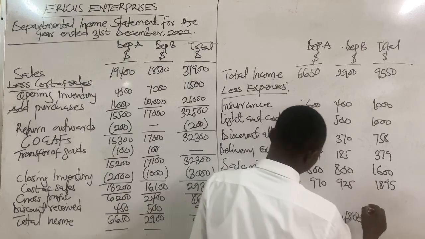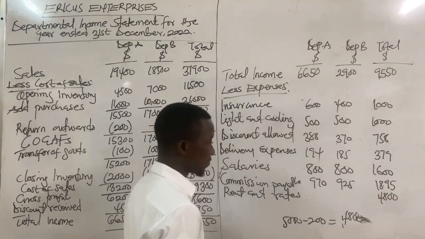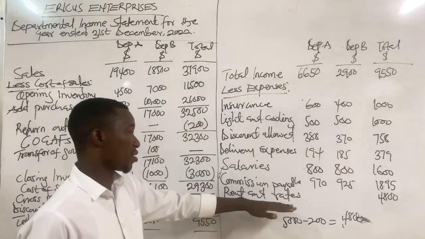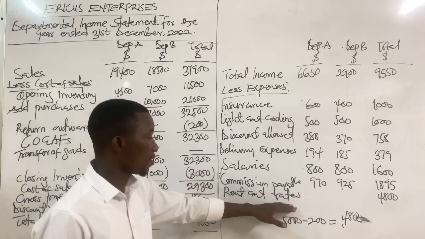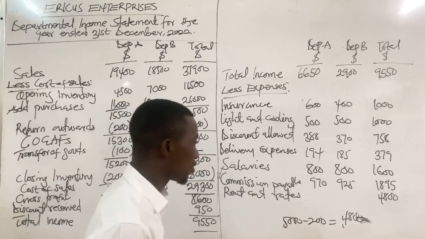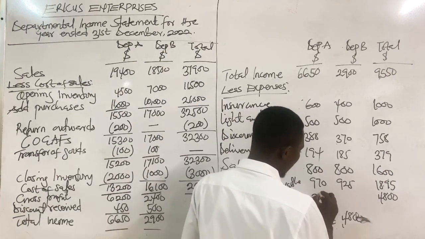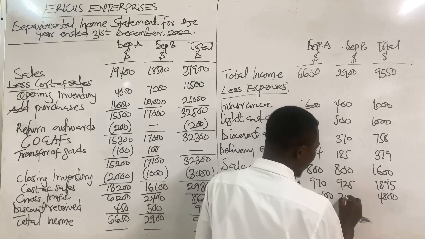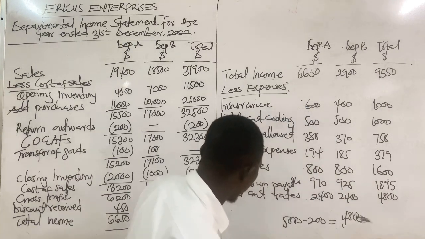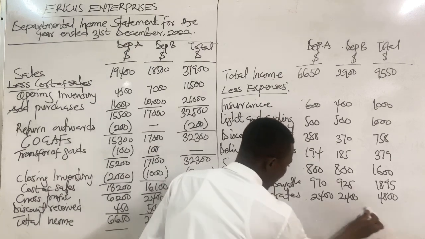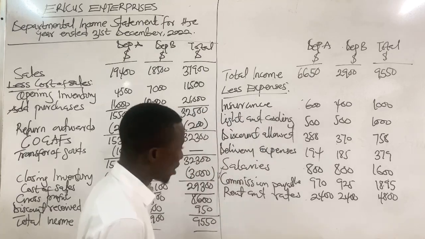So rent and rates is 4,800, and there is no specific base of apportionment for it in the question. So all other expenses are shared equally. So by sharing this equally, each department will get 2,400. Okay.